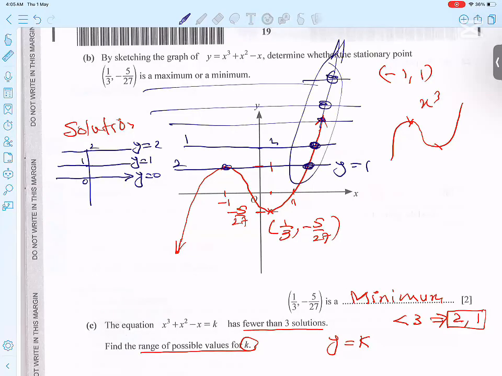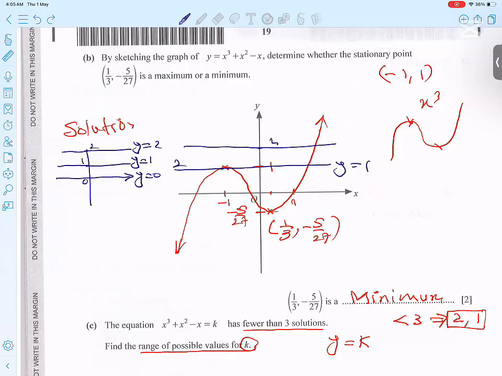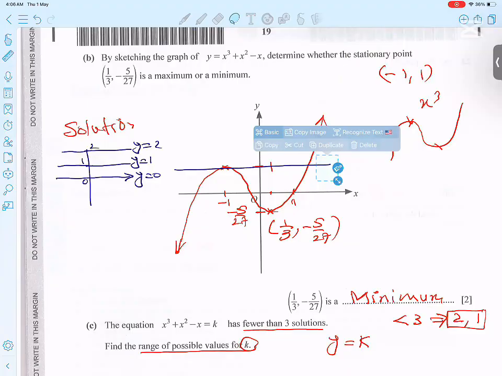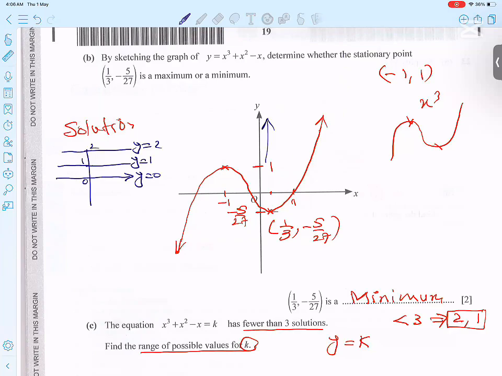Every point, the line will cut the curve only one time, and two times when it passes through sharp 1. So sharp 1 is our planning. It means if the line goes through 1 and above, we get one or two solutions.